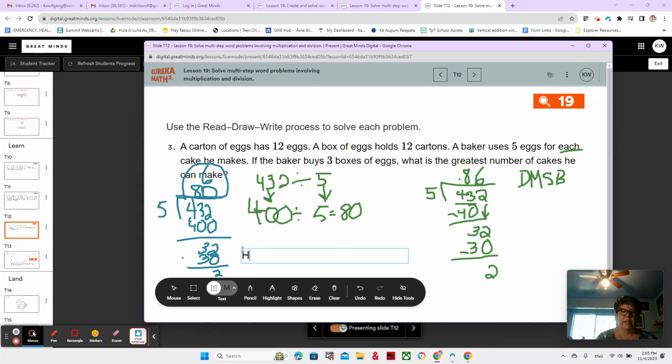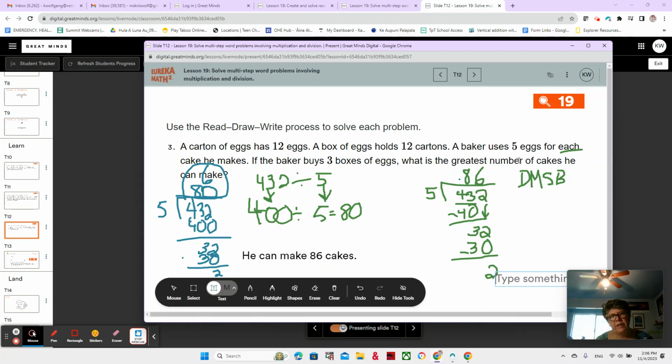He can make 86 cakes. What does he have left over? Eggs, right? So if your dividend is eggs, then your remainder is eggs. So what he has left over is eggs. Did they ask us anything about what he has left over? No, they just asked how many cakes he could make, and he can make 86 cakes.